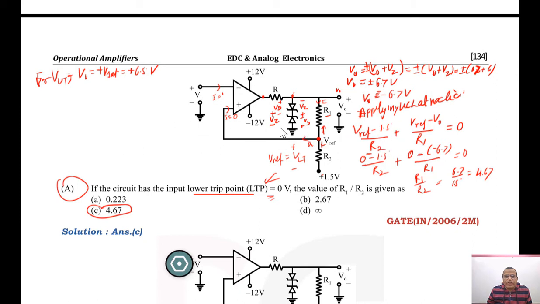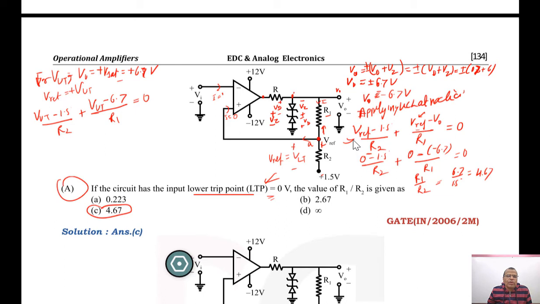So you simply apply this KCL here. The reference voltage here will be plus VUT when the output voltage is positive. So I am replacing Vref by VUT: VUT minus 1.5 volt divided by R2, then plus VUT, again replacing Vref in this equation, minus 6.7 volt, this is 6.7 not 6.5, divided by R1, that is equal to 0.